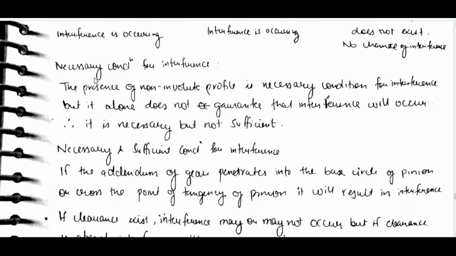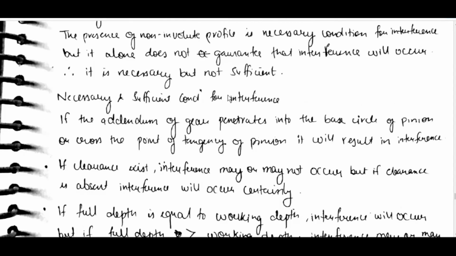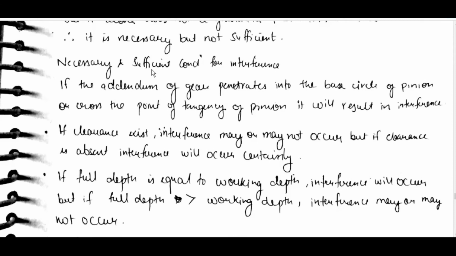Necessary condition for interference: the presence of non-involute profile is a necessary condition for interference, but it alone does not guarantee that interference will occur. It is necessary but not sufficient. Necessary and sufficient condition: if the addendum of gear penetrates into base circle of pinion or crosses the point of tangency of pinion, it will result in interference.